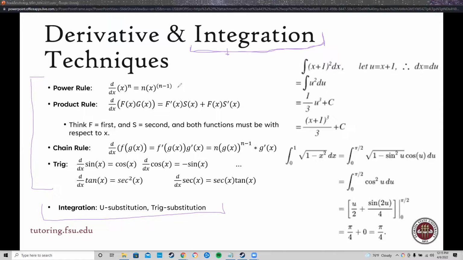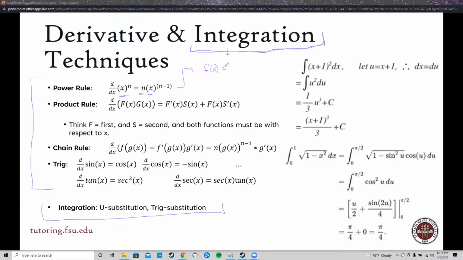So with the power rule, we can do a quick example. It says if you're taking the derivative of some function x raised to some number, then the derivative is that number brought down in front of the original thing with the exponent n minus 1.